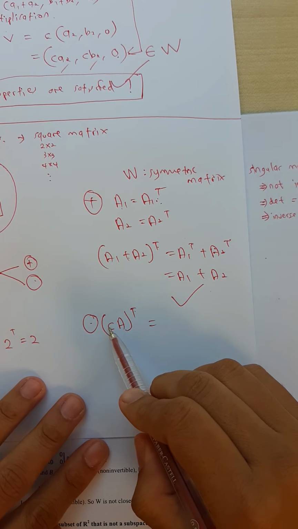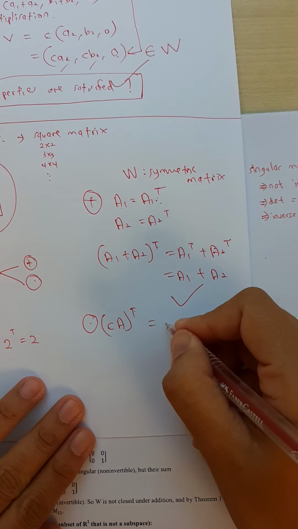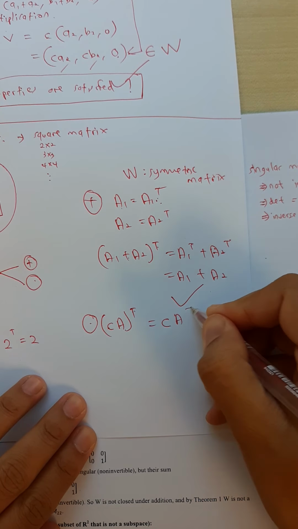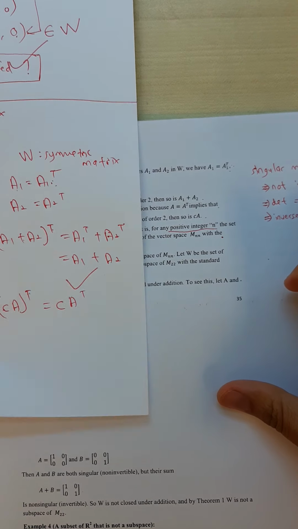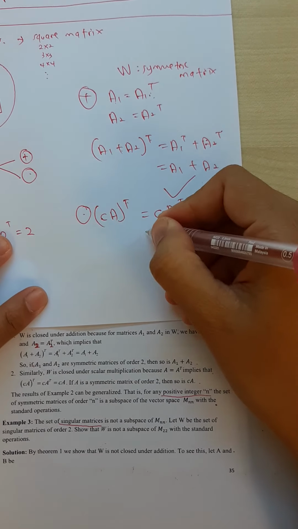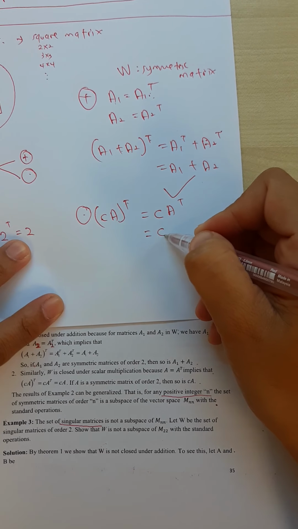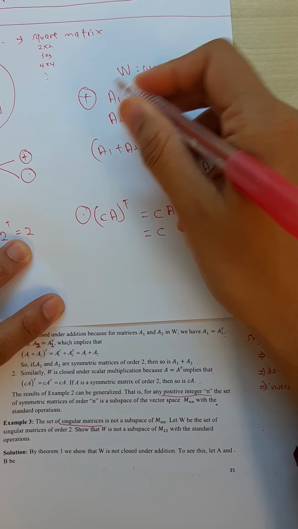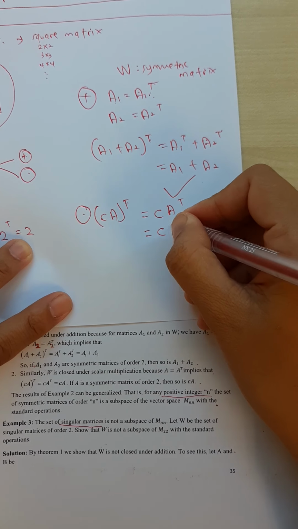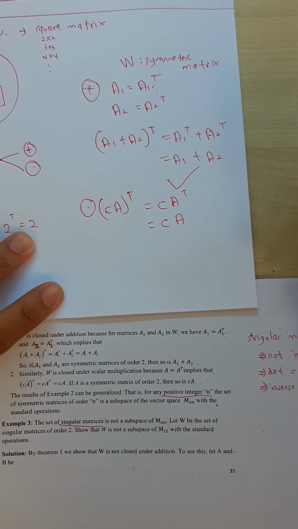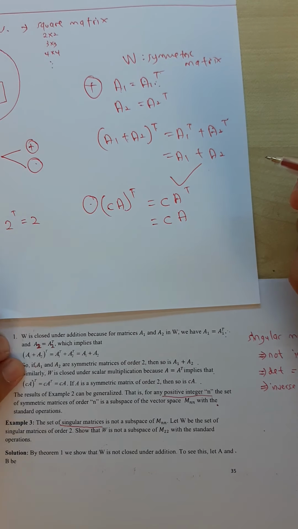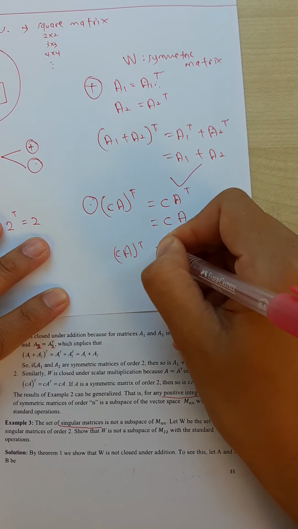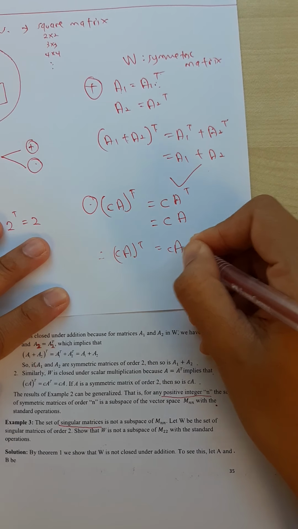So this scalar C, if you transpose it, you still get C. And if you transpose A, you get A transpose, which is equal to the matrix A itself. So this is going to be equal to CA. So from here, you can see that CA transpose is equal to CA.